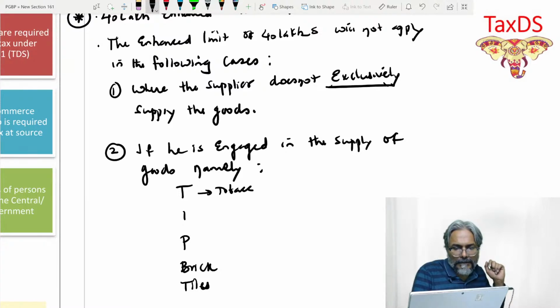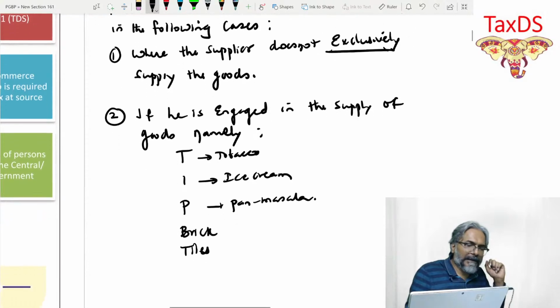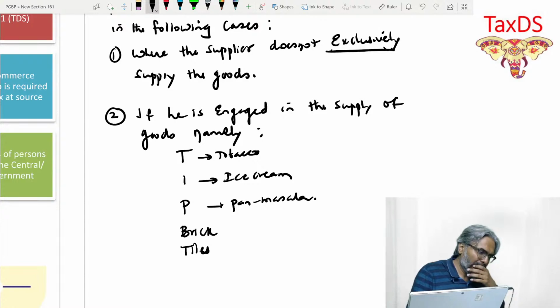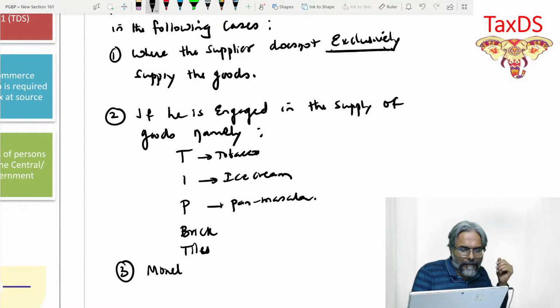Tobacco product, ice cream, pan masala, and brick and tile. And the last one, students, which has been there over here is monetary exemption under section 23(2). We will see monetary exemption, students.